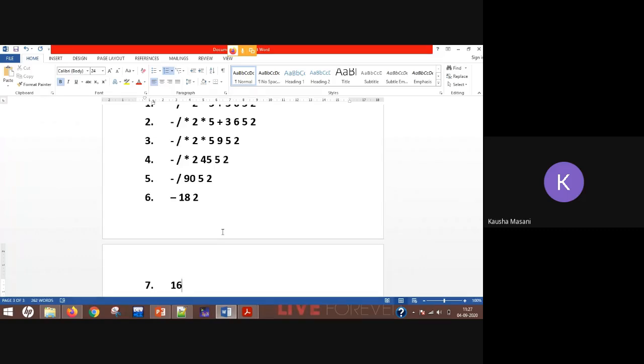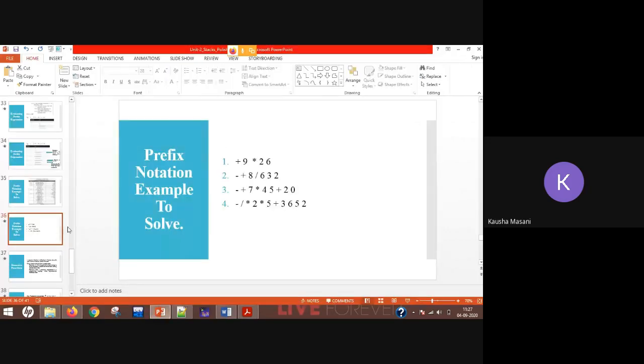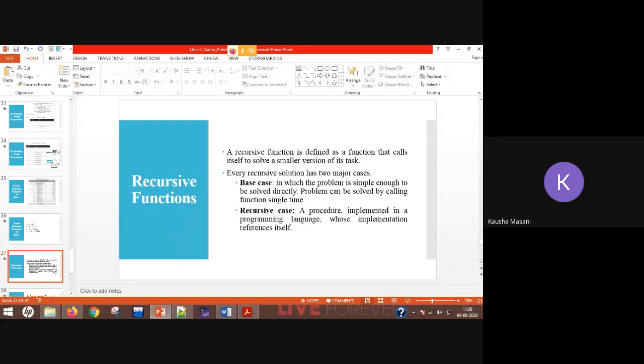Okay, conversions and evaluations. And from your practical number 1 and practical number 2, that is your course for your mid-sem exam, which we have completed well in time. Alright, so please do not worry. From the next session, that is tomorrow, we are going to start with recursive functions. Okay.